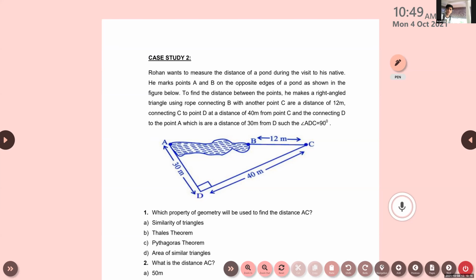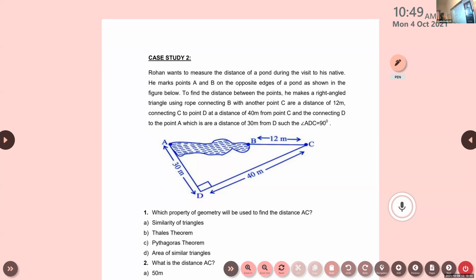Measure the distance of a pond, with points A and B on the opposite edges of the pond as shown in the figure. To find the distance between the points, we make a right angle triangle using point B with another point C. The distance BC is 40 meters from point C and a distance of 30 meters from B, such that the angle ADC.